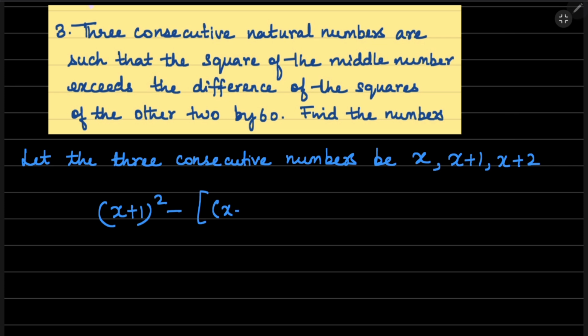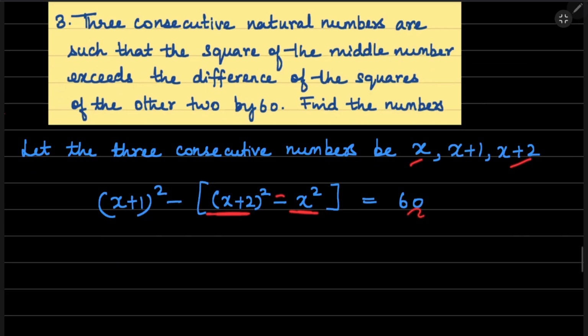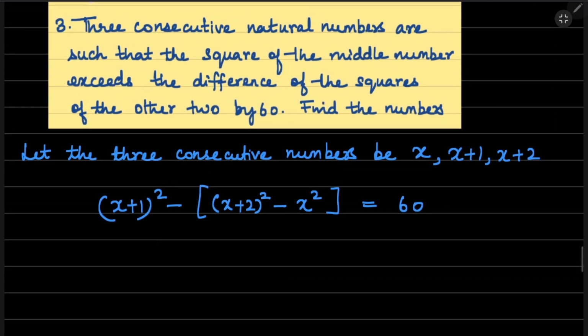That means x plus 2 the whole square minus x square, by 60. Is it clear? Exceeds means there's a difference here. Okay, so this is what is given here.